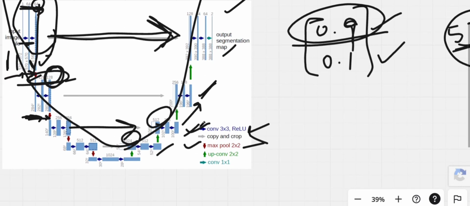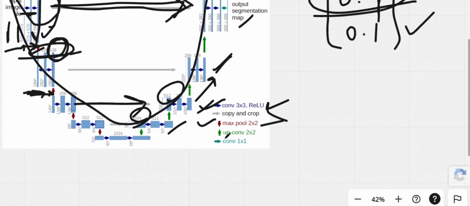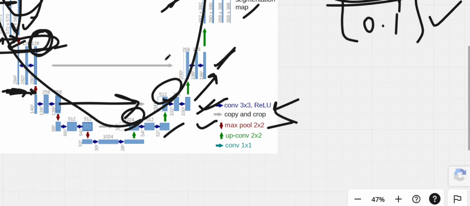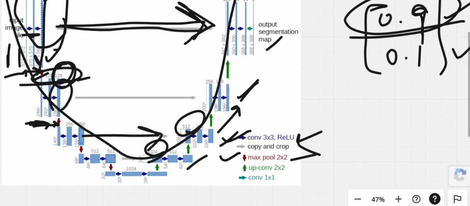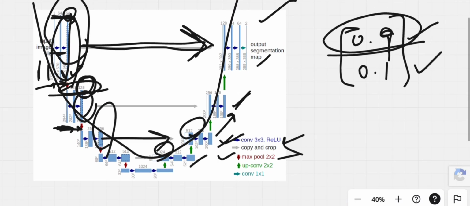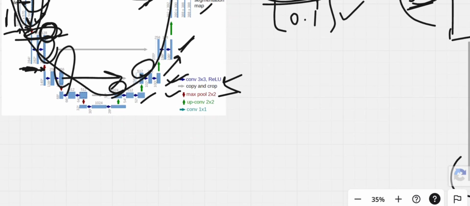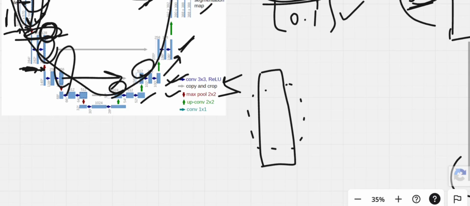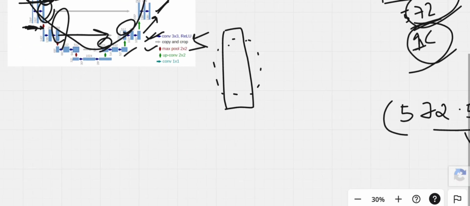And one more thing to notice here is copy and crop. In this copy and crop we are seeing these dashed edges in this last layer. What is happening here? In copy and crop, the layer being this length is being cropped. Why is it so?